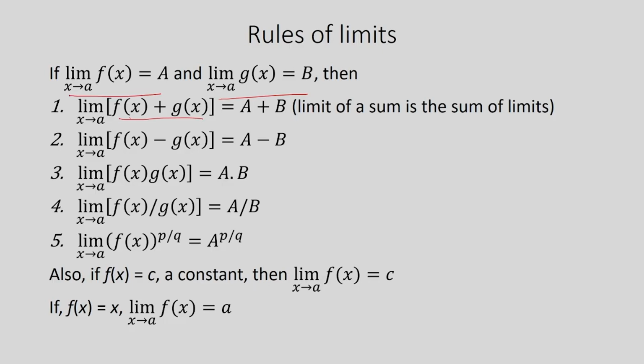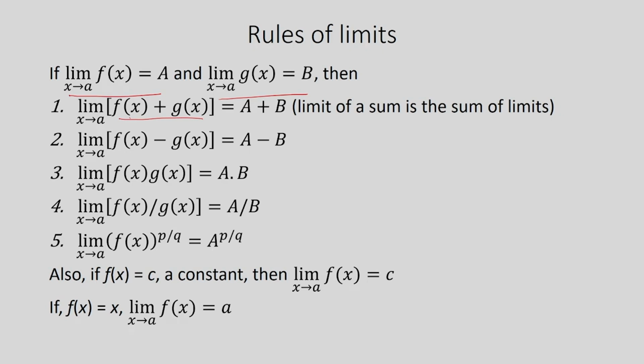As it turns out, the limit of the sum is the sum of the limits. On the left hand side you have the limit of the sum, that is f(x) plus g(x), and on the right hand side you have the sum of the limits, which is capital A plus capital B. So, this seems quite intuitive.